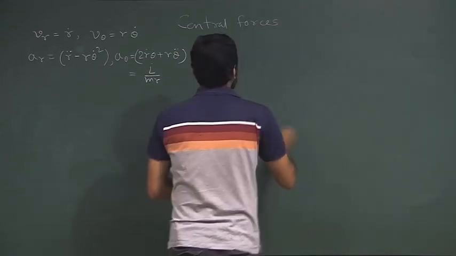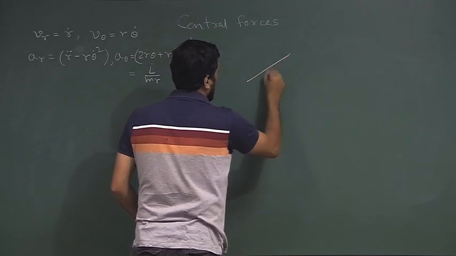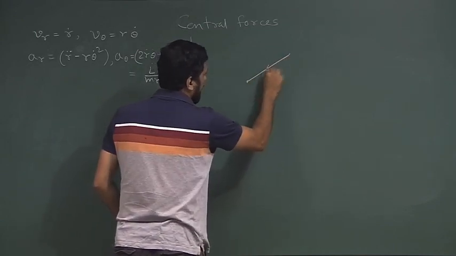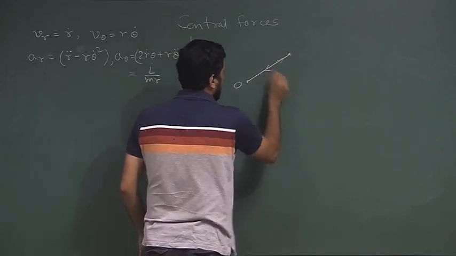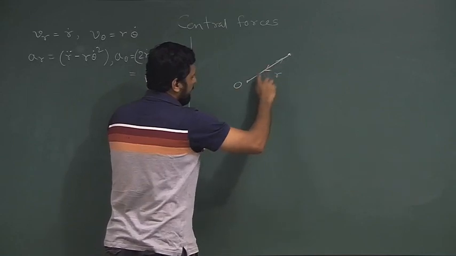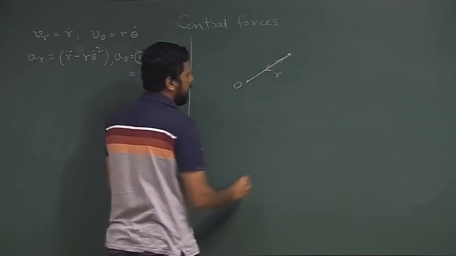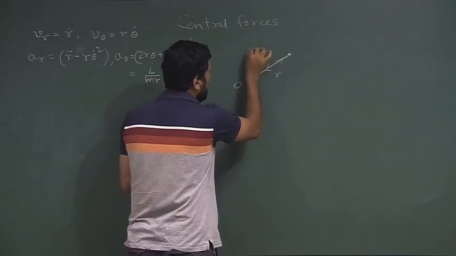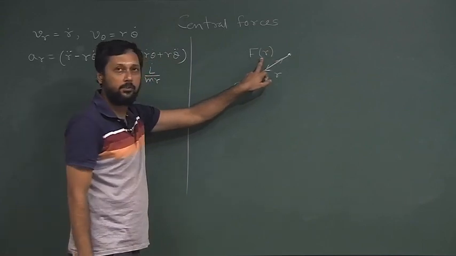Now, a central force, which is a force always either along or away from a fixed point at a distance r. So, it is either pointing towards the fixed point or moving away from the fixed point, and if you remember, the magnitude of the force is a function of r only, that is the property of central force.